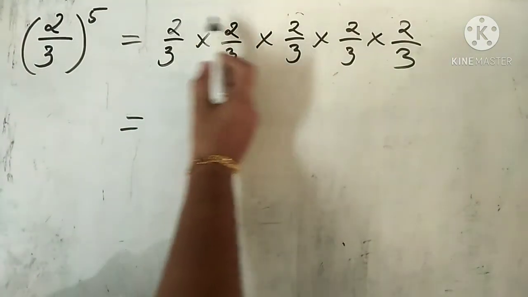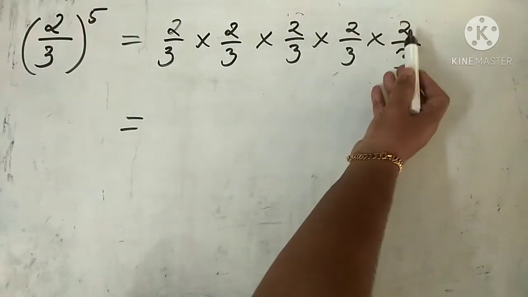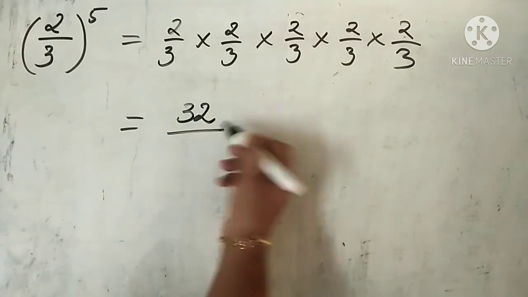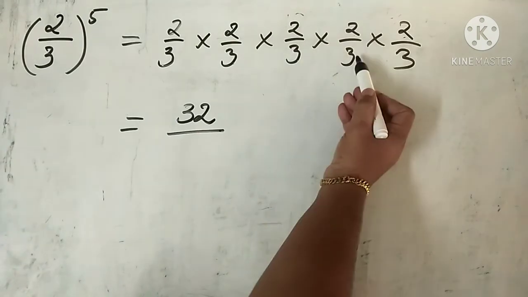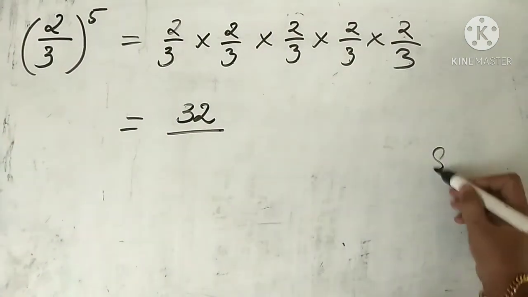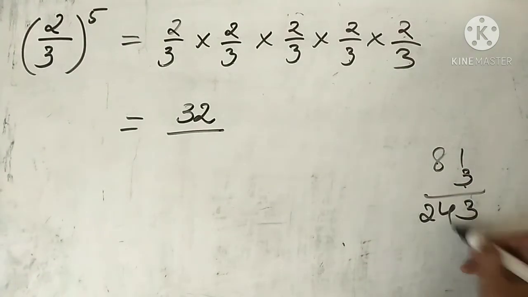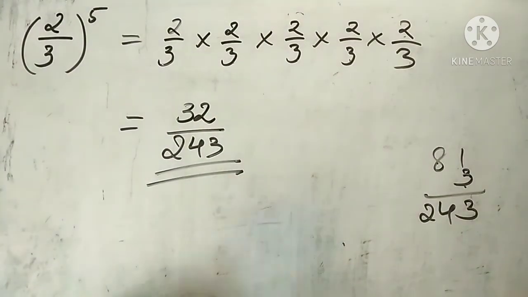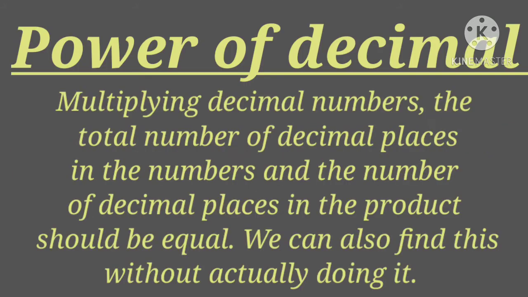Answer is 2 2s are 4, 4 2s are 8, 8 2s are 16, 16 into 2, 32. 32 by 3 3s are 9, 9 3s are 27, 27 into 3, 81, 81 into 3, 1 3s are 3, 8 3s are 24. 243 is the answer.